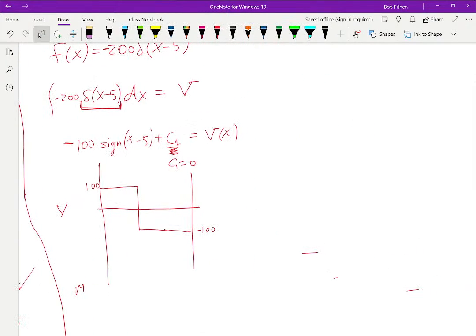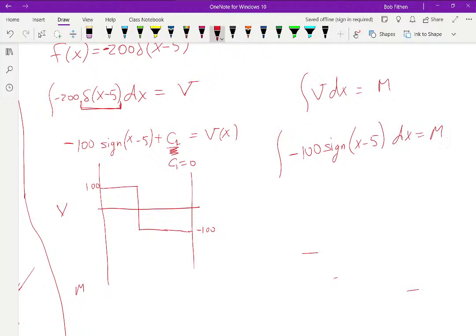And so make these X's over here. So now, if I integrate the shear dx, I get the moment. So now I'm going to integrate minus 100 sign x minus 5 dx equal to the moment.